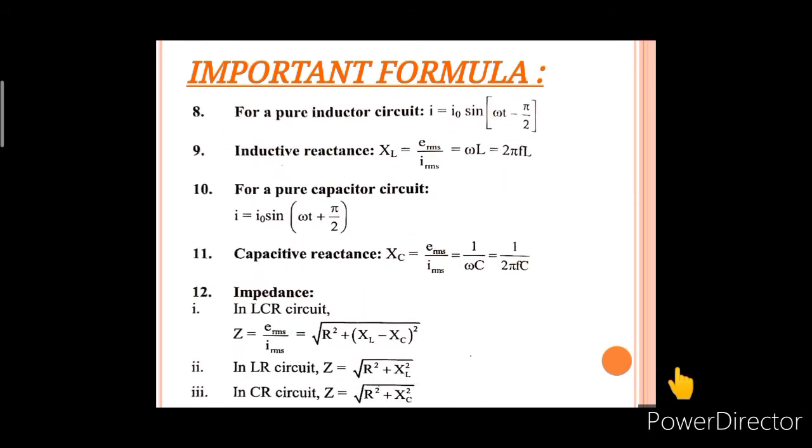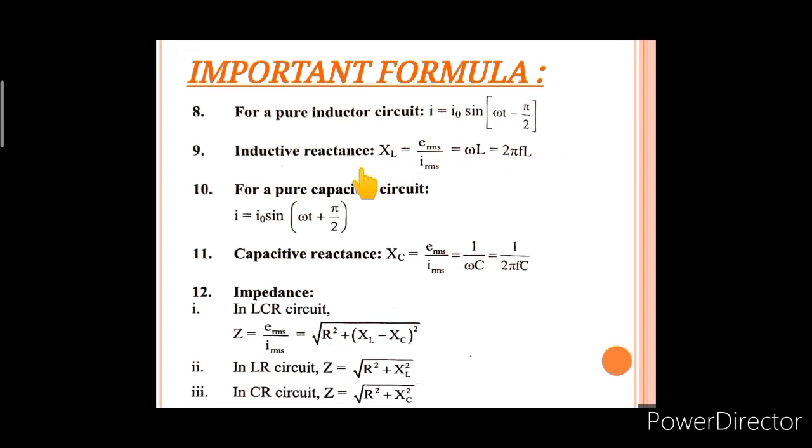The next formula is for a purely inductive circuit. For a pure inductor circuit, the current is given as I0 sin (omega t minus pi by 2).